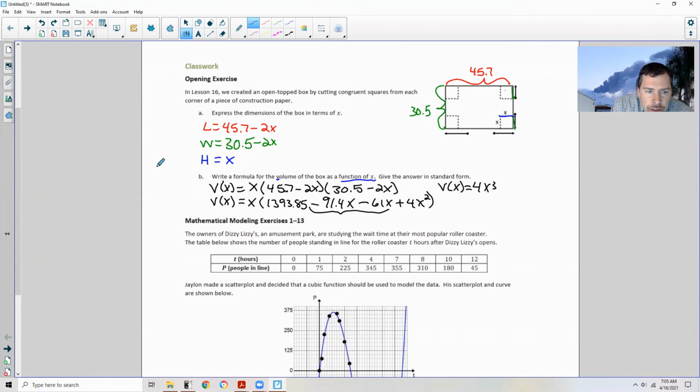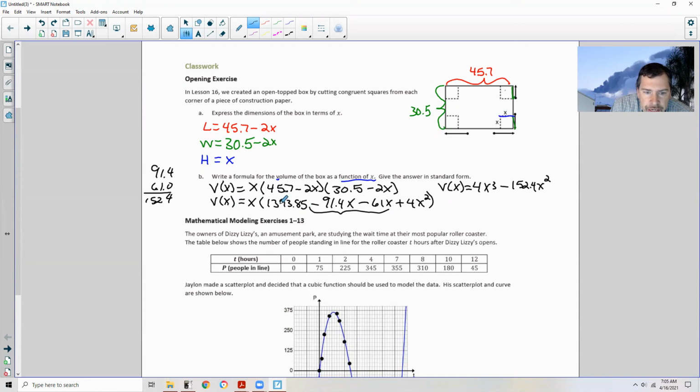Well, 91.4 plus 61.0 is 152.4. So it's going to be minus 152.4, and the x times the x's is going to give us an x squared term.